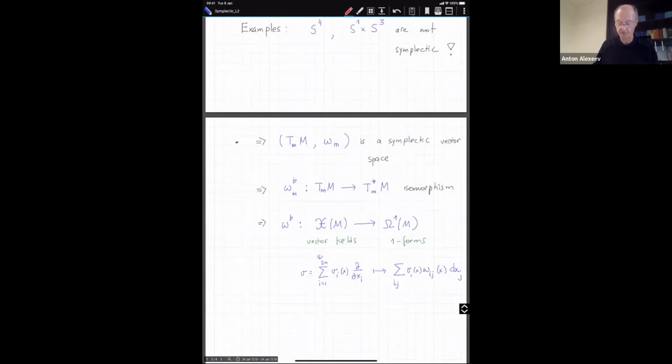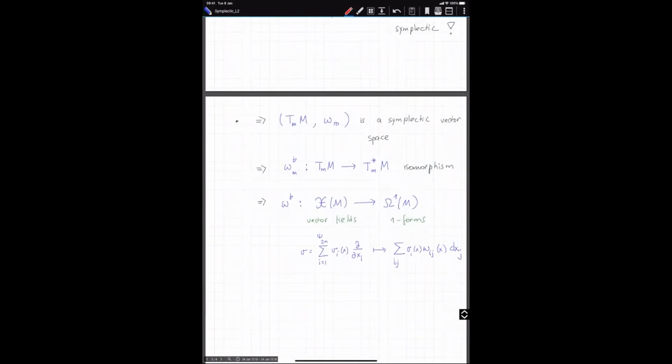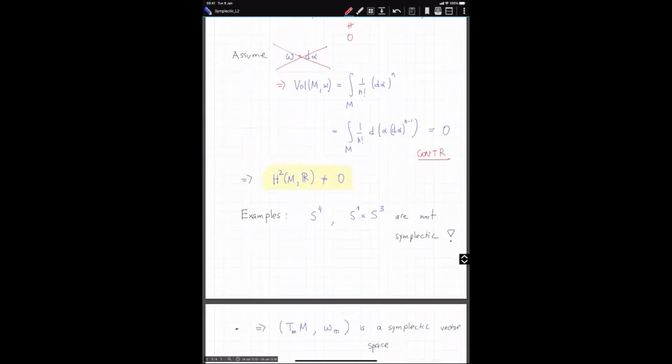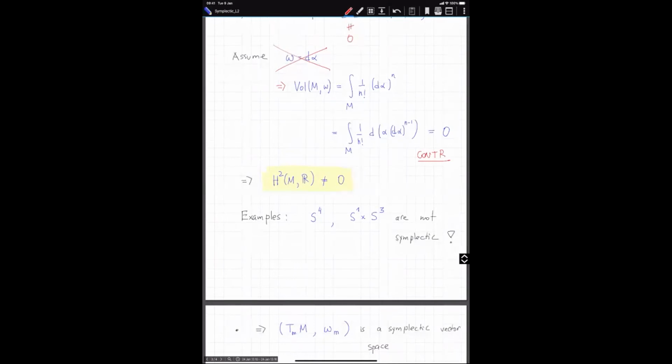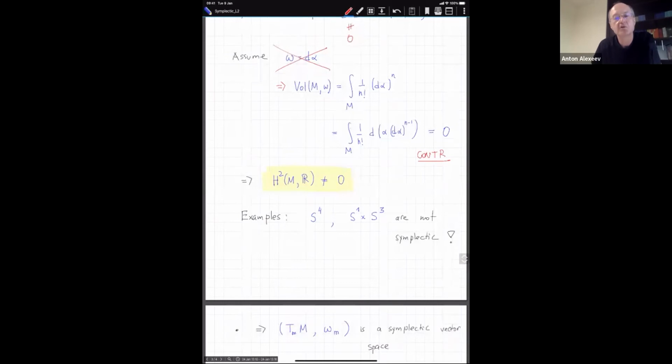Okay, very good. Excuse me, I have a question. Previously we proved that the second homology does not vanish. Doesn't the same proof work in the case of a non-compact manifold? I think we can take integrals over compact submanifolds, I suppose. No, it doesn't work.